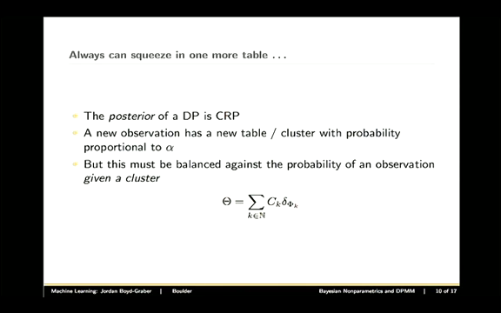They were able to find you a new table somewhere. And so the Chinese restaurant process does that. So in addition to sitting at an existing table, you can sit at a new table with probability proportional to alpha, where alpha is the parameter of the Dirichlet process that we were talking about. And then you also need to draw a new mean for that new table.